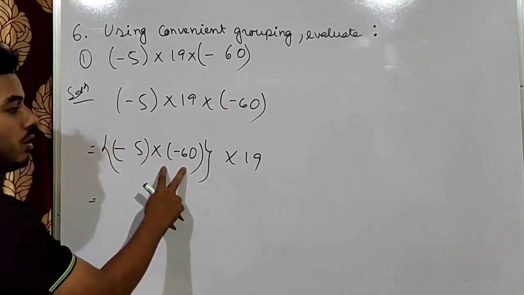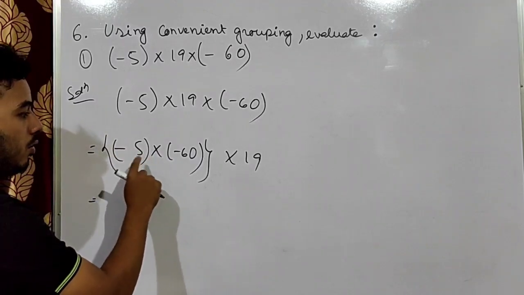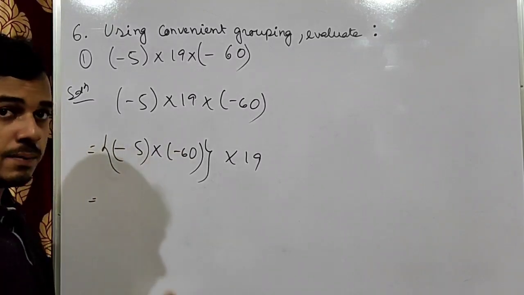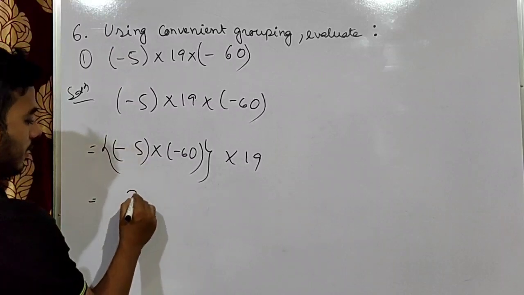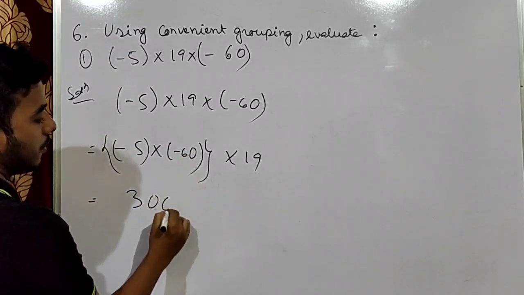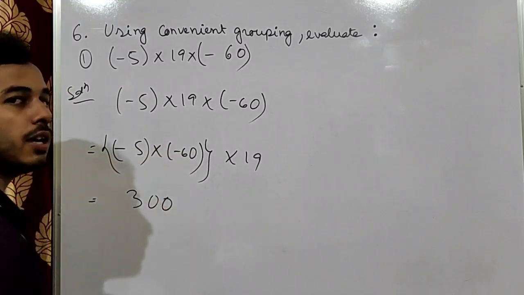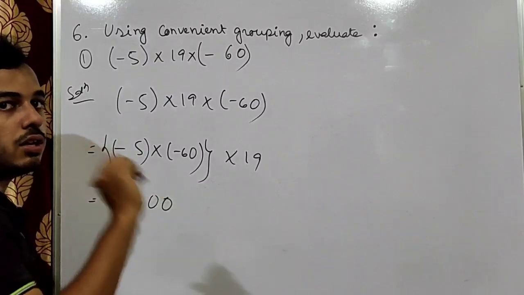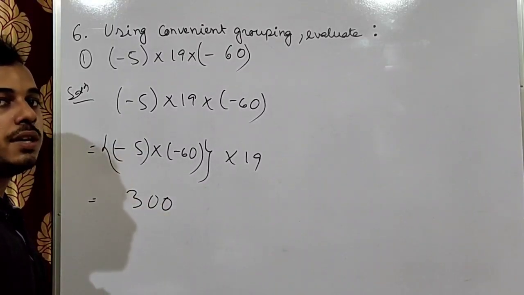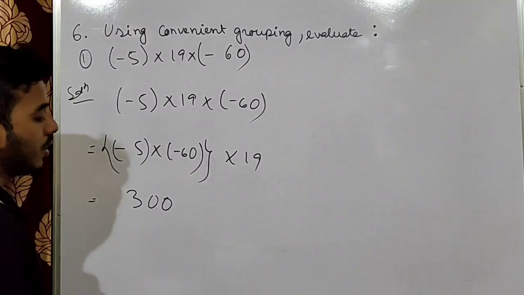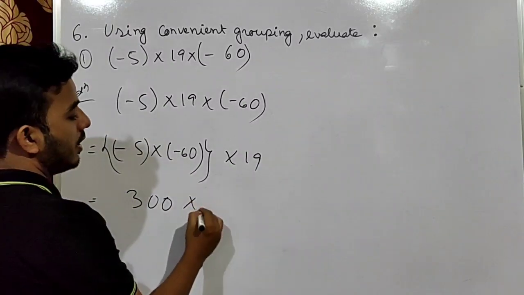Now minus 5 into minus 60, what will it be? If you don't know the multiplication table, just look: 5 into 6 is 30. Then directly put this 0. What will be the sign? It will be the first rule: if two integers are negative, the result will be positive. So it will be 300. Now 300 into 19.